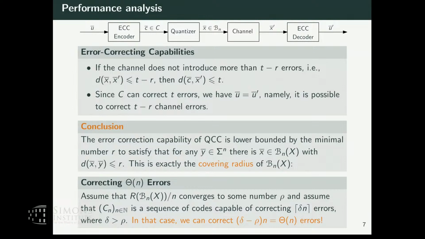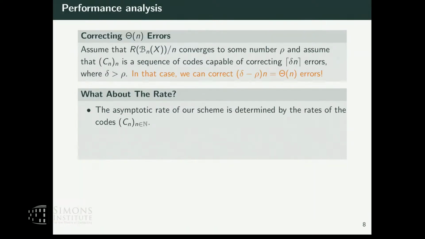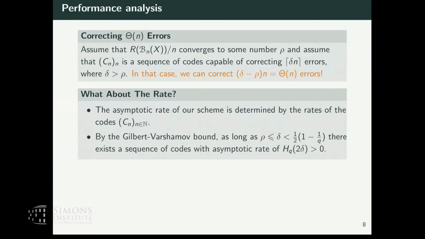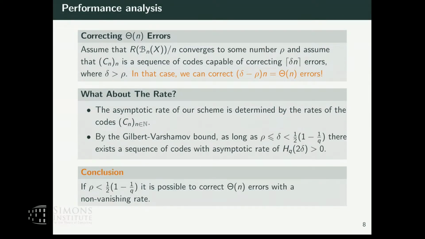Now, that's nice, but do such codes exist? Well, trivially, yes. We just run the Gilbert-Varshamov bound, and if you plug in the parameters, as long as the covering radius of this constraint system is no more than half of 1 minus 1 over q, then it is possible to find an error correcting code with a rate that is non-vanishing.